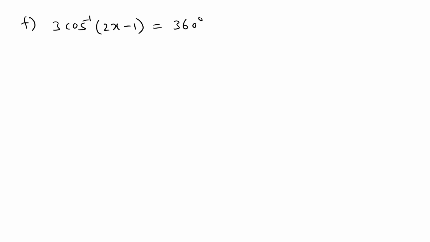Now in degrees, because we know that cosine inverse gives angles. So this is an angle. Again, as before, we can divide by 3. So we can write this as cosine inverse of 2x minus 1 equals, if you divide by 3, 120.